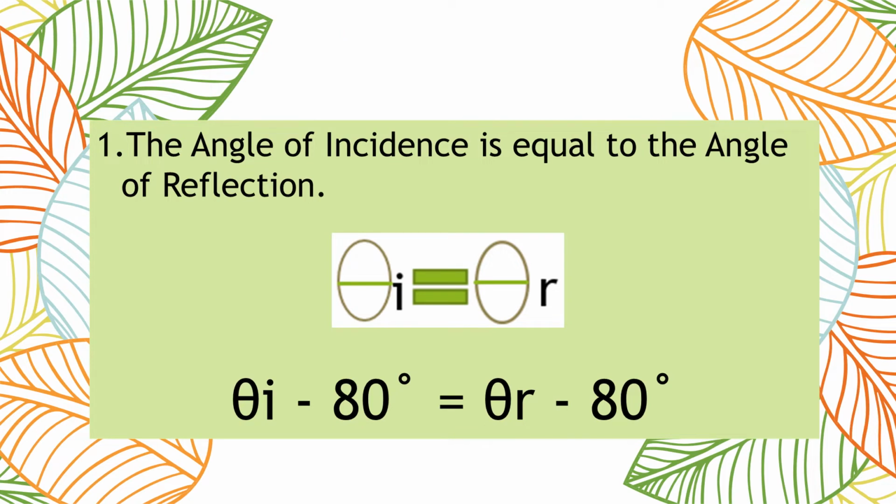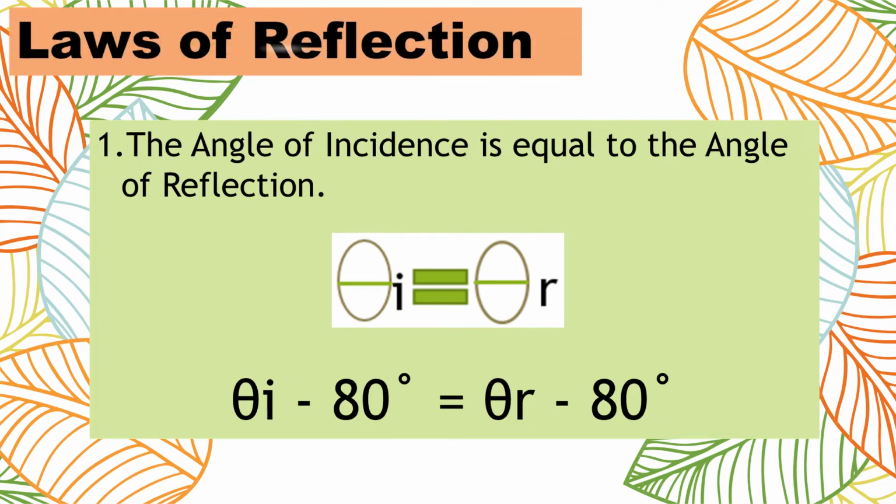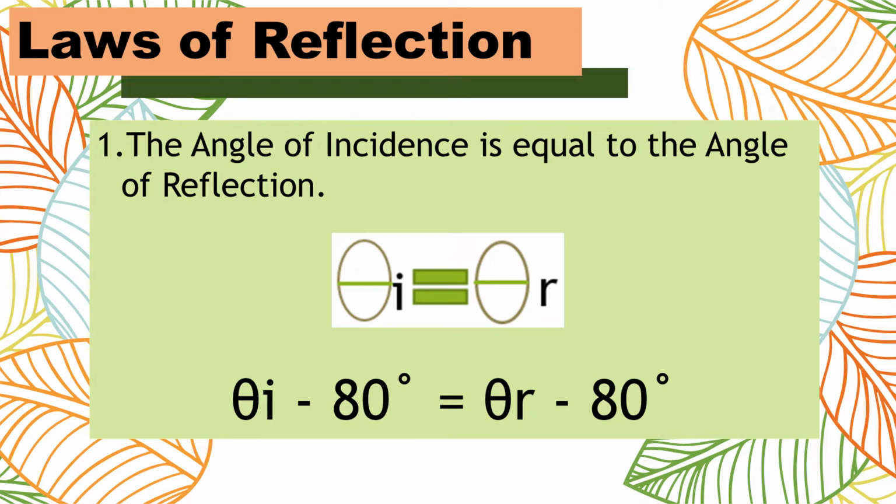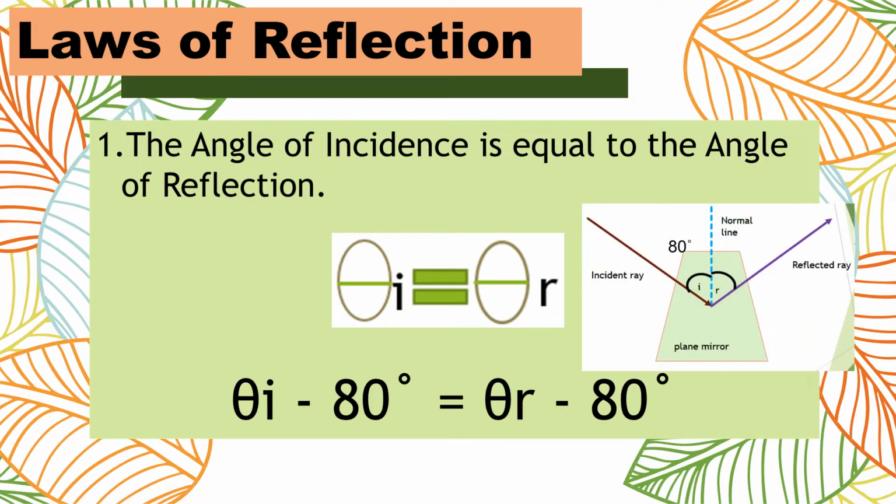Again, the first law of reflection stated that the angle of incidence is equal to the angle of reflection. Okay, for example, the angle of incidence is 80 degrees. Then, therefore, the angle of reflection is also 80 degrees. Why? Because angle of incidence is equal to the angle of reflection.